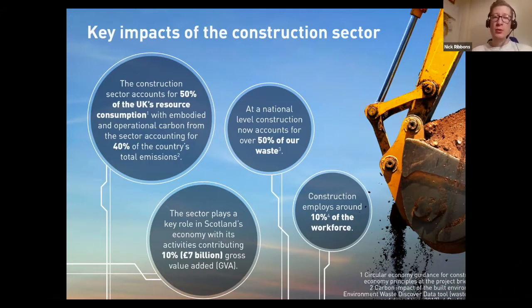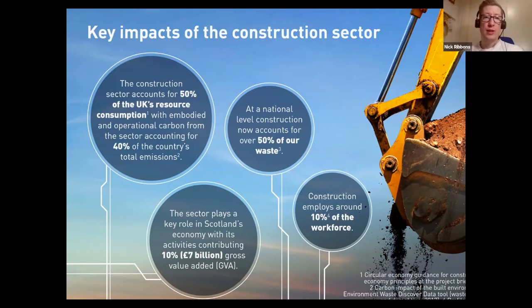At a Scottish level, about 50% of the waste we produce comes from construction. What that tells us is that we're really inefficient in terms of the construction sector. A lot of that is inert waste, but there are also a lot of things like offcuts, and I have a slide coming soon, which is something we recently looked at, which is what is in the skip for a particular project.